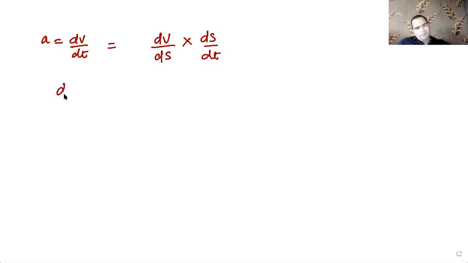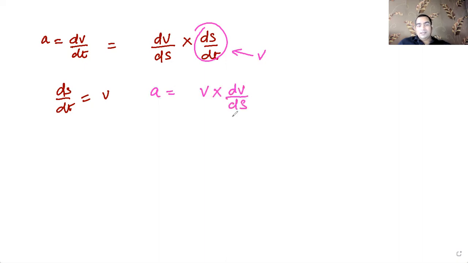And if you remember that ds by dt is the velocity function, so the acceleration can be rewritten as v times dv by ds. Now this becomes one of the very, very interesting results. Acceleration in terms of displacement.